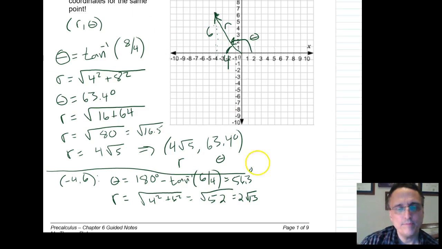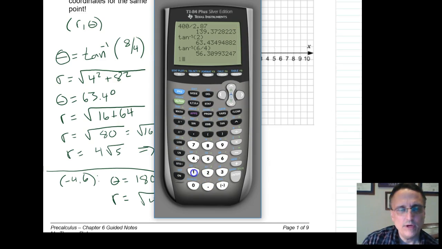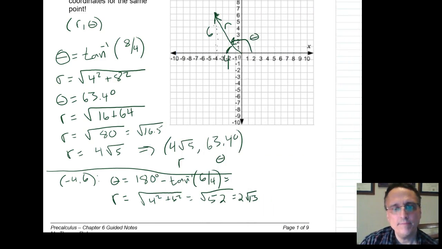That was the whole point. Calculator, come back. We'll take 180 minus that equals 123.7.